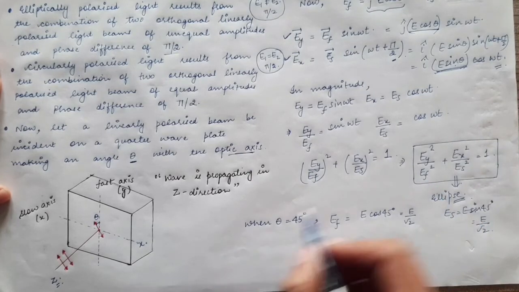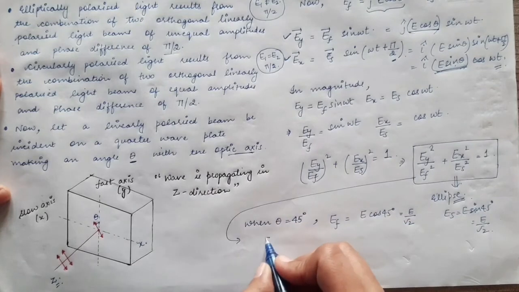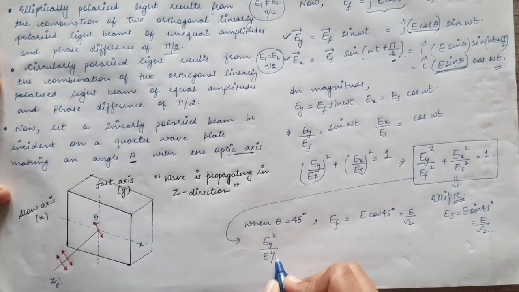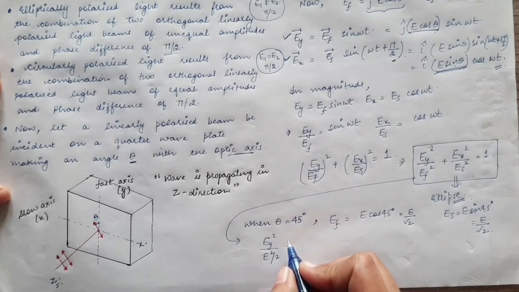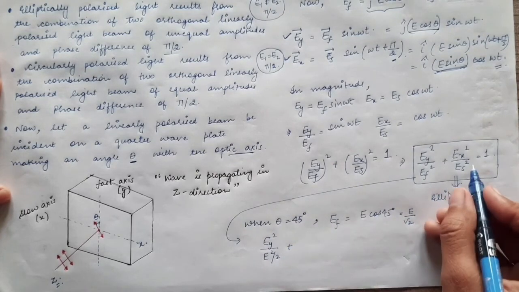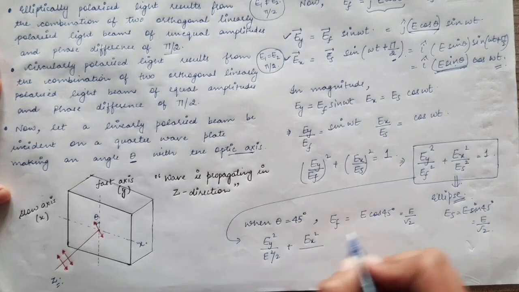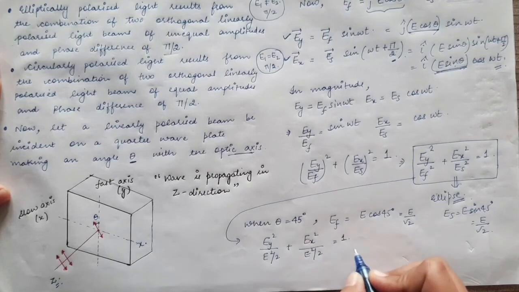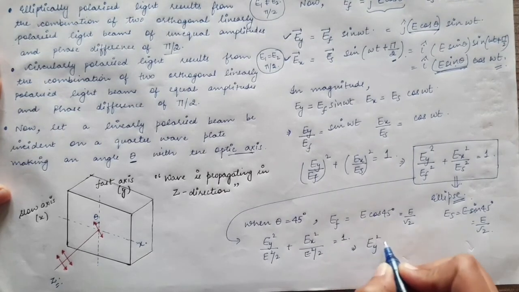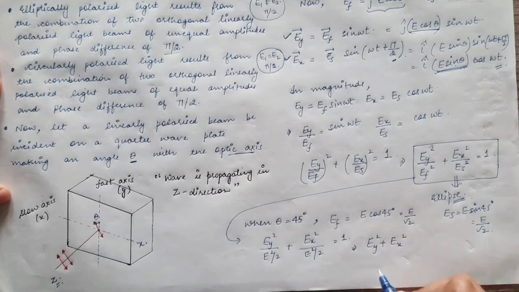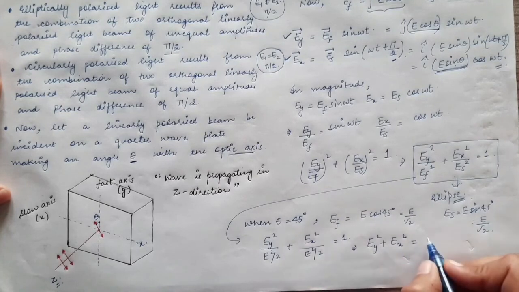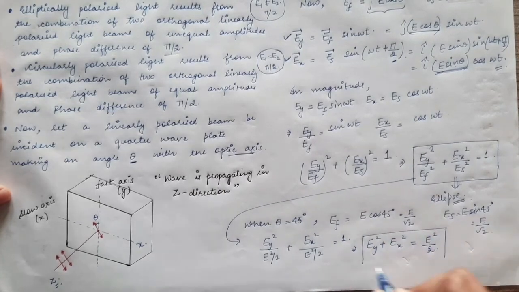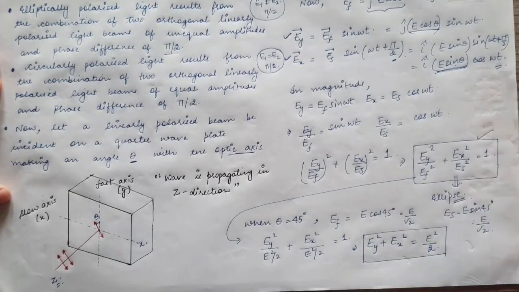So this equation of ellipse will become EY square over EF square, where EF square is E square by 2, plus EX square divided by ES square, which is E square divided by 2, equal to 1. This implies EY square plus EX square is equal to E square divided by 2. So this is the equation of a circle, and that was the equation of an ellipse.